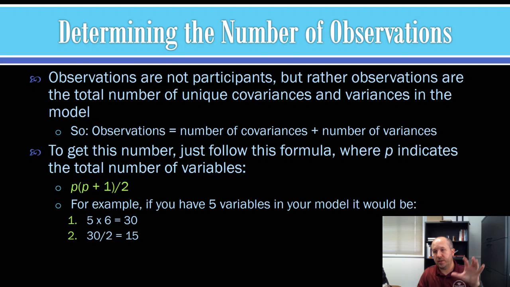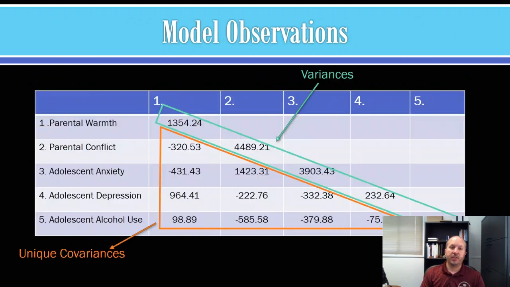So let me show you in a covariance table what this looks like. So let's say we had a model where we have 5 variables: parental warmth, parental conflict, adolescent anxiety, adolescent depression, and adolescent alcohol use. And if we made a table, this would be similar to a correlations table. Remember that covariances is just the unstandardized version of correlations. And let's put down the covariances, so the unstandardized correlations. That's this orange triangle that you're seeing here.